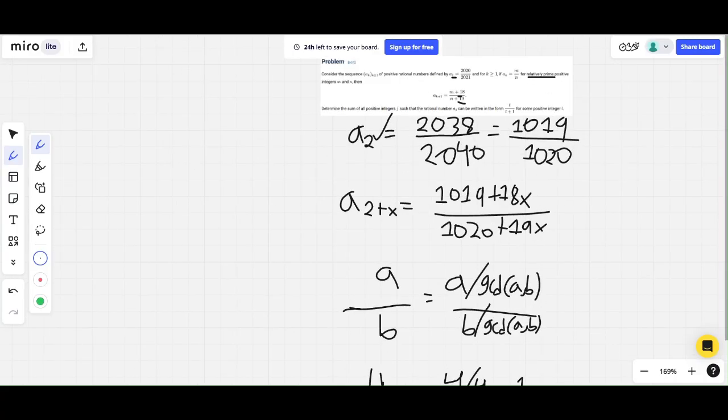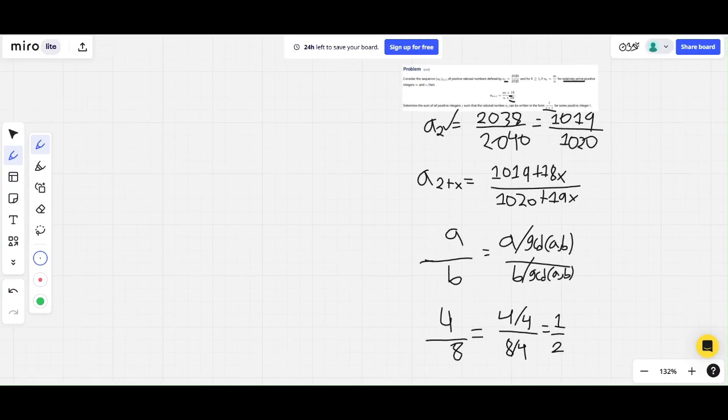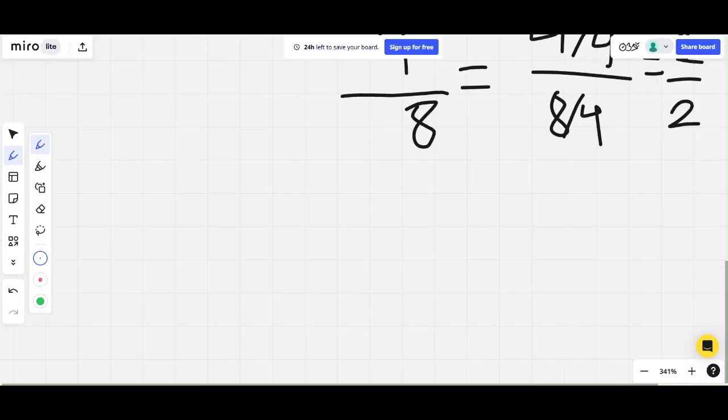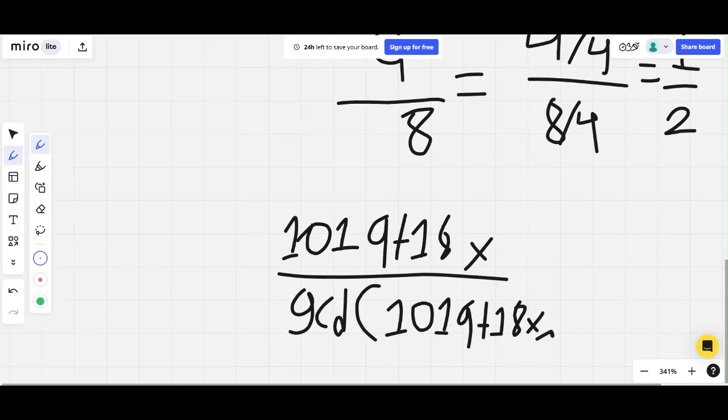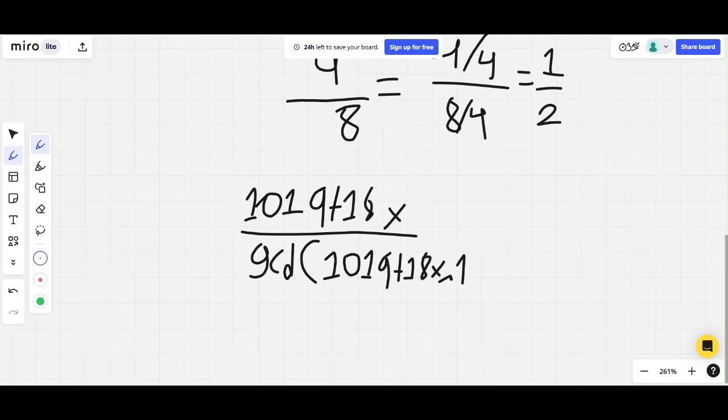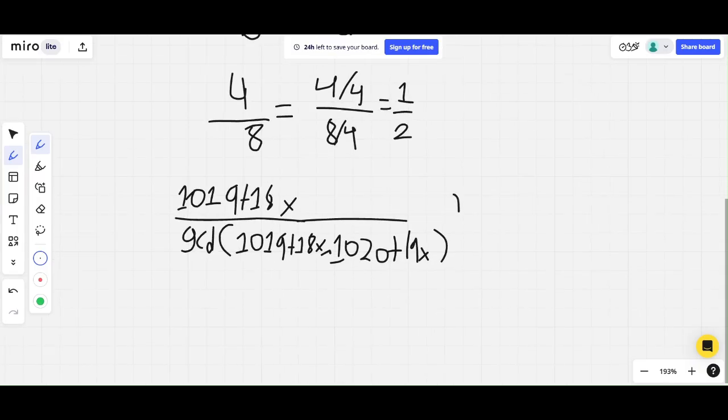Okay, since the numerator and denominator have to have a difference of 1, we can write an equation with GCDs. We have (1019 + 18x) over the greatest common divisor of 1019 + 18x and the other value, 1020 + 19x, plus 1.